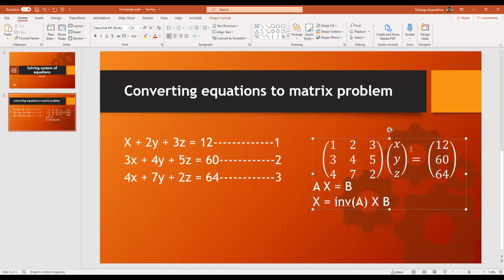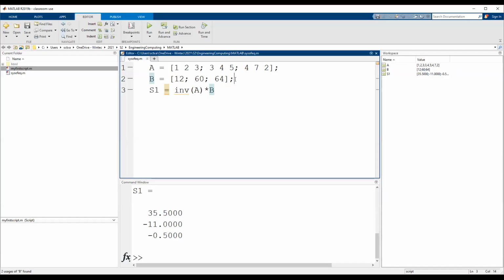Okay, so then if I go back to my working, in this way I can obtain the solution. Method 1.